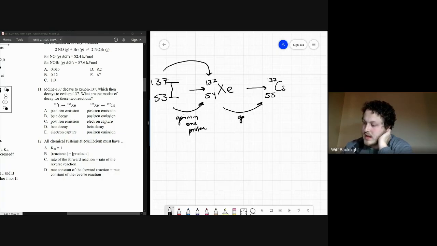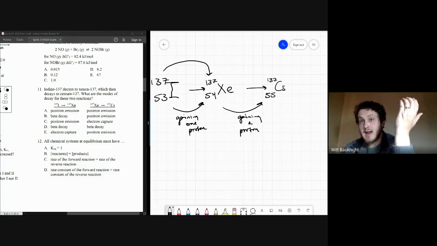And again, we're gaining a proton. So what is the type of decay where we gain a proton and that's it? Well, that will be beta decay.